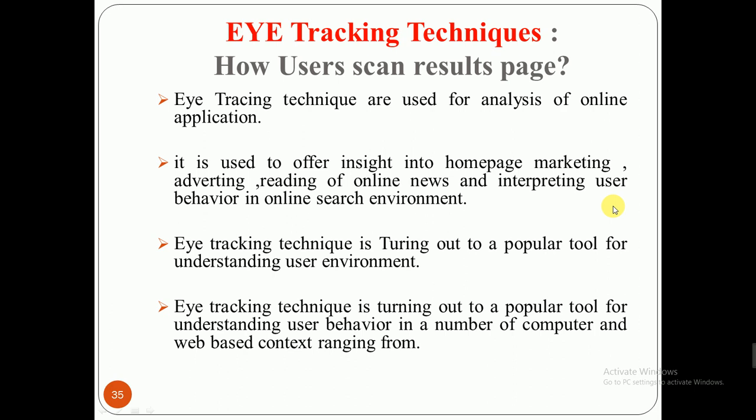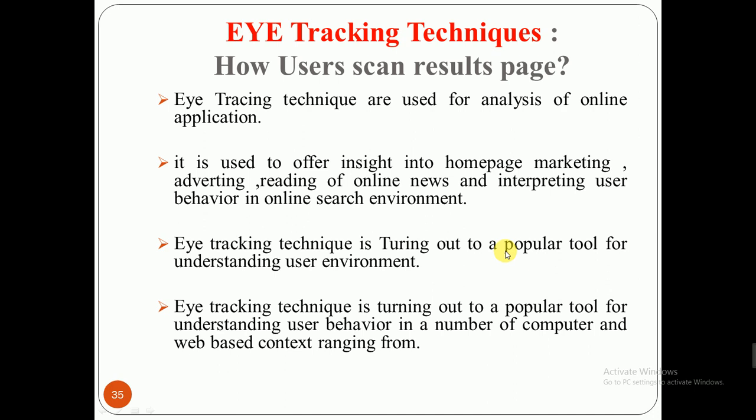So it will attract the user. You can see these things. Whenever you are searching for any videos on YouTube, it will display an advertisement. You can see this. You can like this. So this is an online search environment in which you will focus. Your eye will directly check this result.